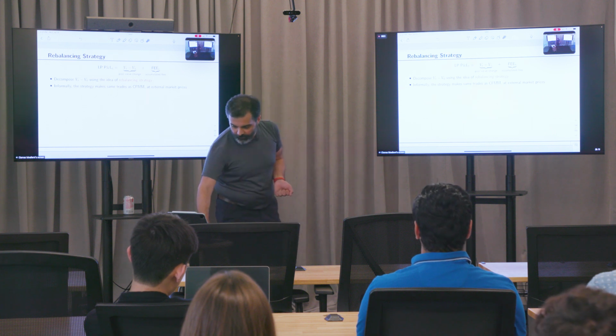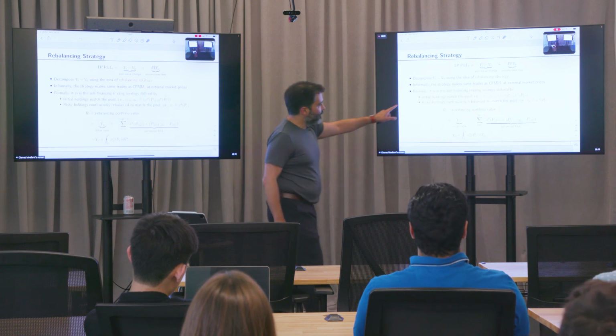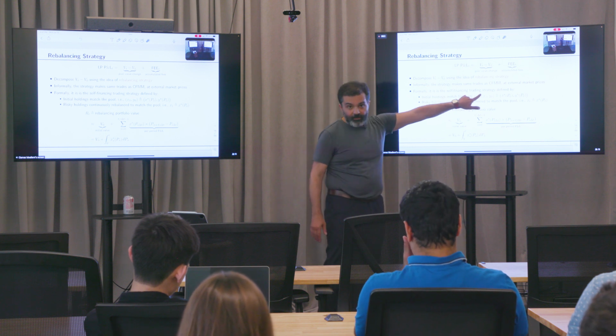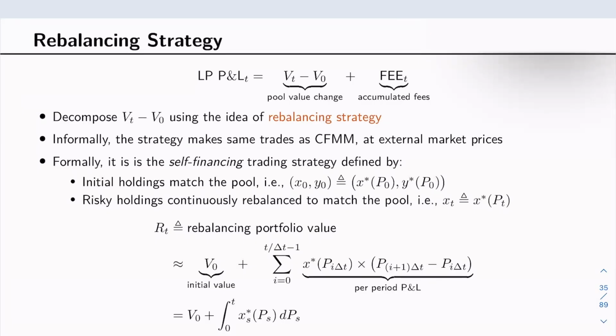So to just be a little bit more formal about that, initially, this is going to be a self-financing trading strategy. Initially, it holds the exact same amount of ETH and USD as the pool. And what happens is as time evolves, at every point in time, it matches the position of the risky asset in the pool. And it does so in a way that's self-financing.